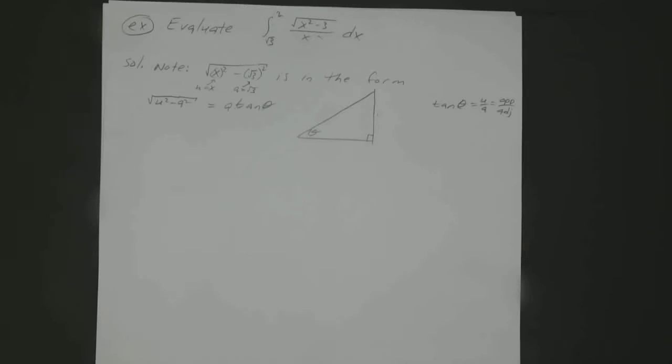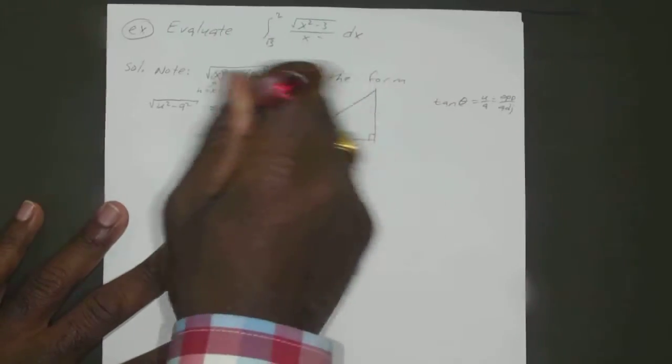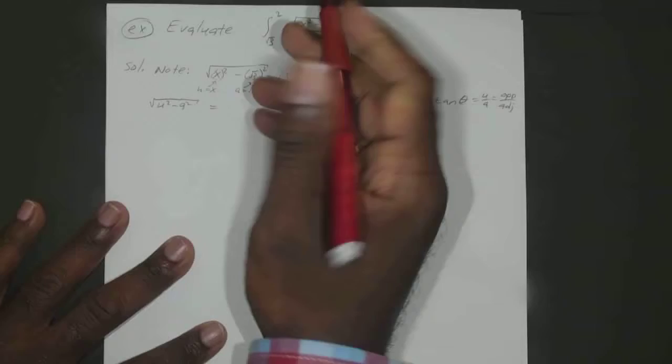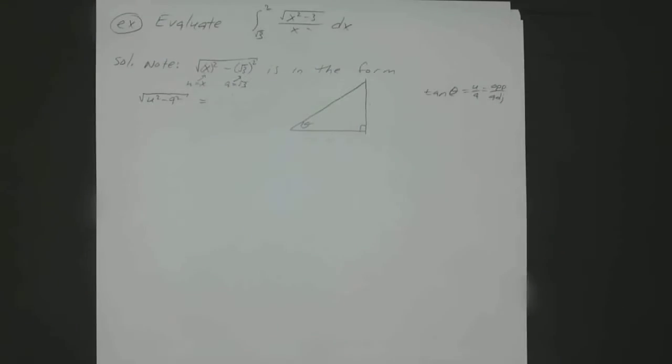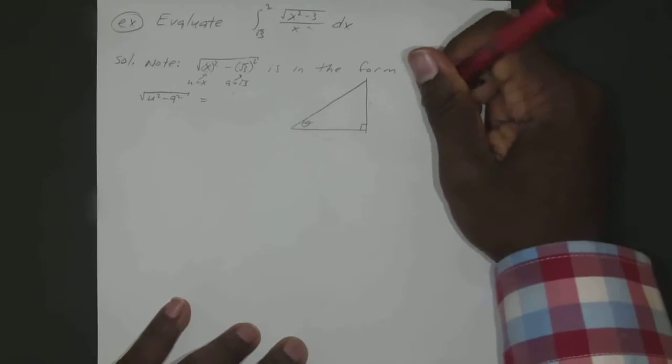Why do I have a different triangle on mine? Because your tangent theta needs to be a secant theta. Yep, u is a secant theta. The whole thing is supposed to be tangent theta, you had it right, so this actually should be secant.